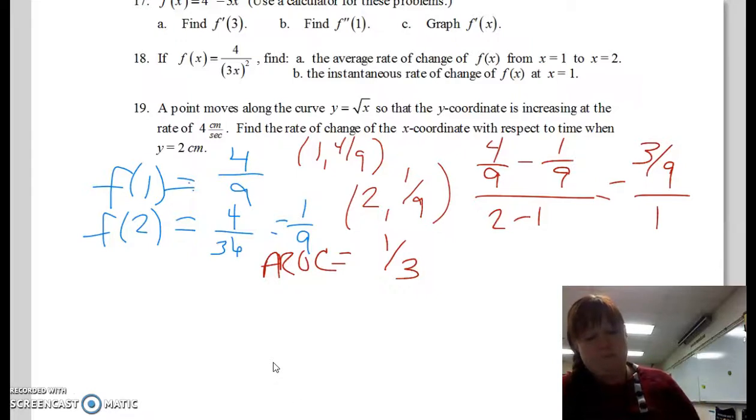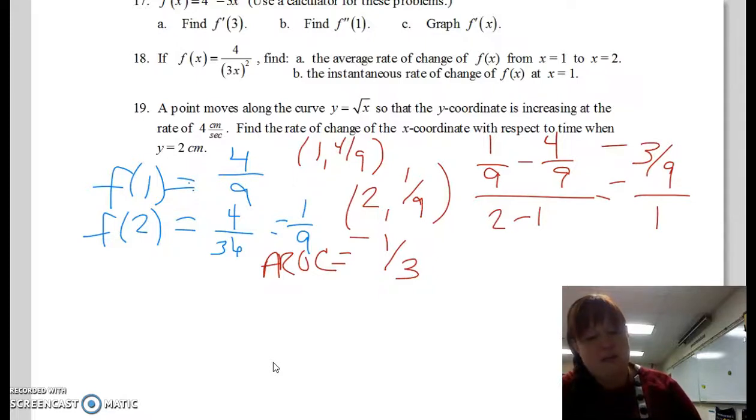Oh, it should be negative. Did you see what I did there? I did y1 minus y2 and then y2 minus y1. That's a big problem when we do that. This is why I have the answer key there, just to make sure that in the moment I don't do the wrong thing. So instead of 4/9 minus 1/9, we have 1/9 minus 4/9. So our average rate of change is negative 1/3.